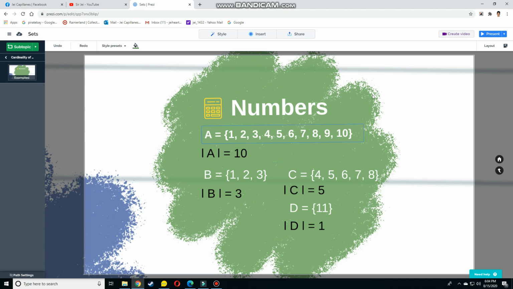Sometimes in cardinality, some are also using it like this. This is also read as the cardinality of set A is equal to 10. So they are just the same. The cardinality of set A is equal to 10.